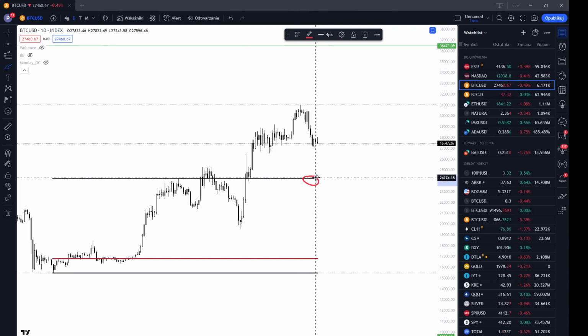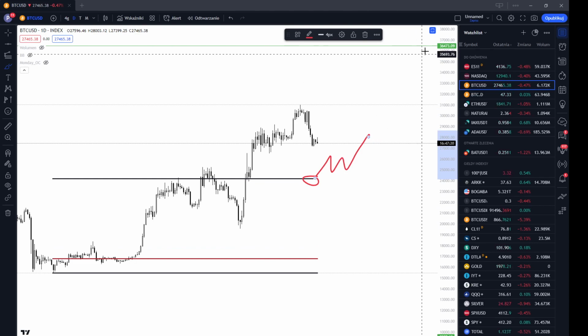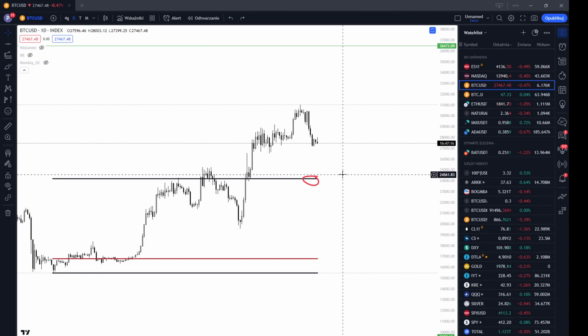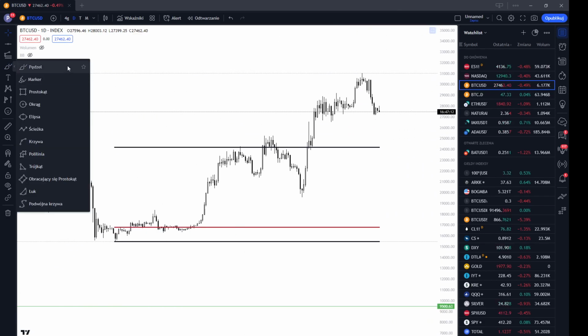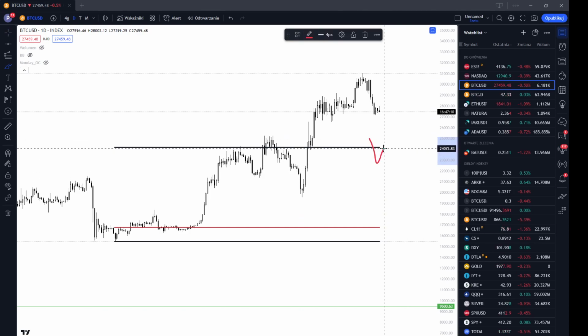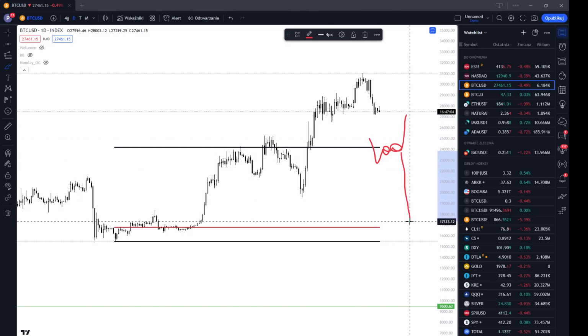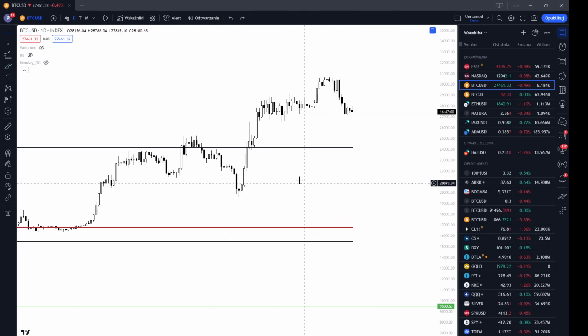So if we can flip it into support, then we can expect maybe a bounce to this 36,000 level. If not, if we confirm below, so if we break it and then we chop around here for some time, we don't get a breakout to the upside, but we go down, then highly likely this gets tested.